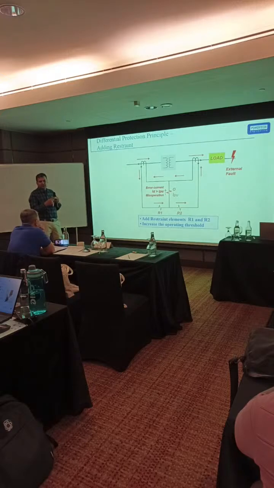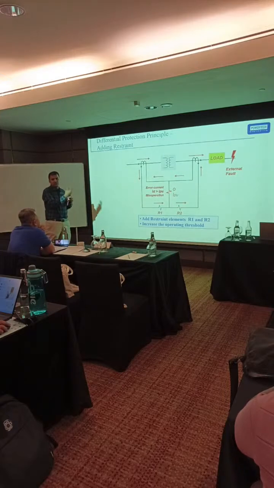If restraint current is this one, then the relay should operate at that slope. If restraint current is increased more, then the slope should be 70% or 80%.